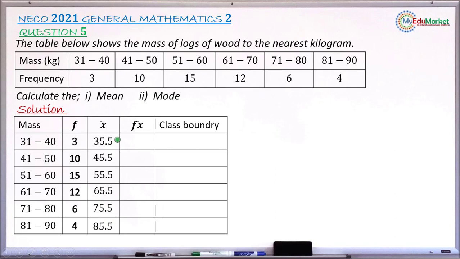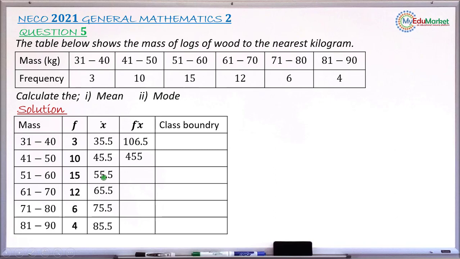So next is to find each class mid value multiplied by its respective frequency. That is a column for fx bar. So 35.5 multiplied by 3 gives 106.5. 45.5, the x bar, multiplied by 10, the frequency, gives 455.